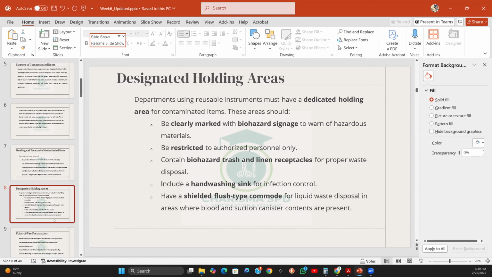And if you wash your hand, let me ask, what are you doing? If you wash your hand, what are you helping to do? Infection control. You are breaking the chain of infection. So hand washing is a very, very important thing that you must do as central sterile technician.